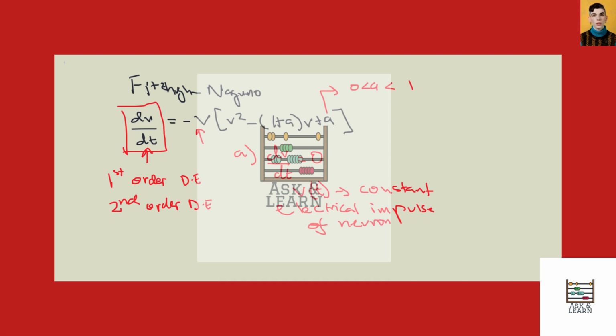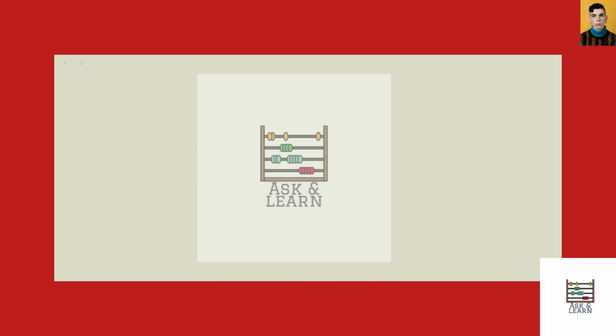So in part A, I'm just going to shift to the next page. In part A, they're telling us to find V when dv over dt equals 0.